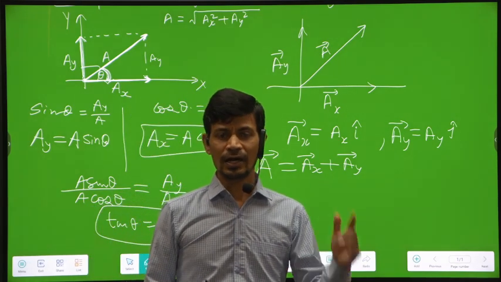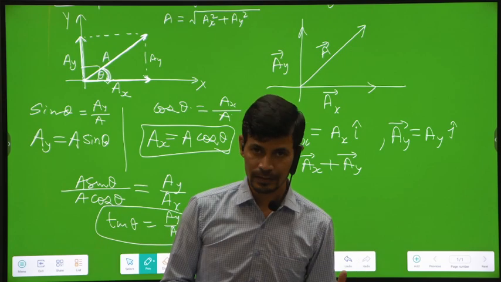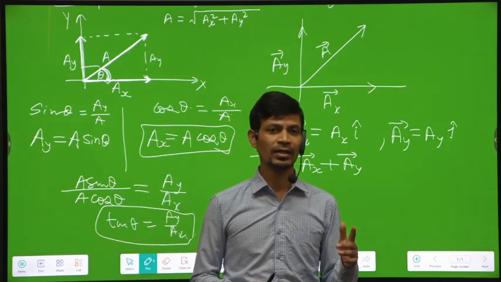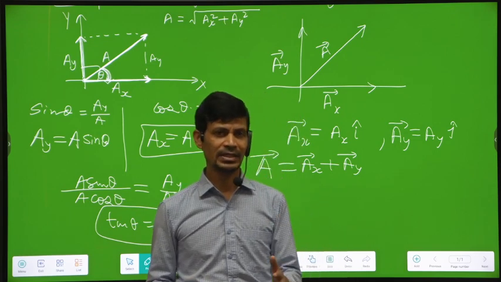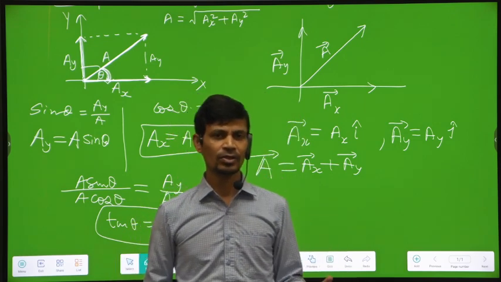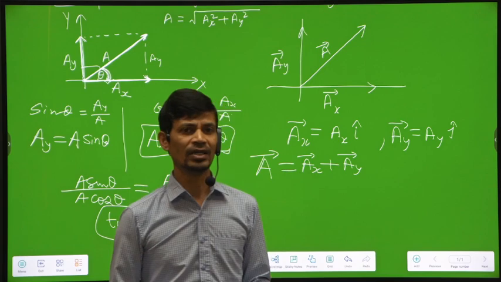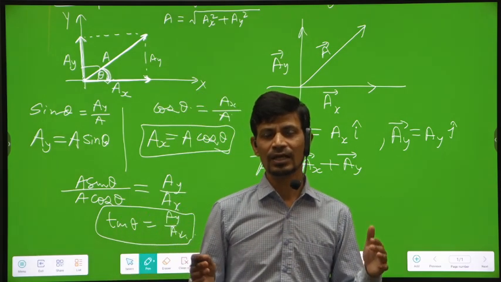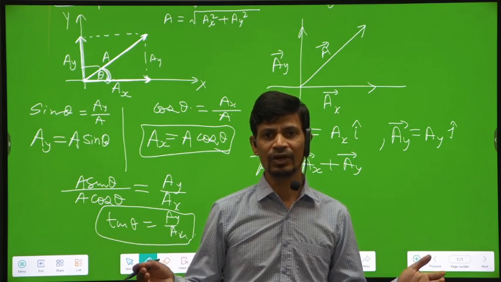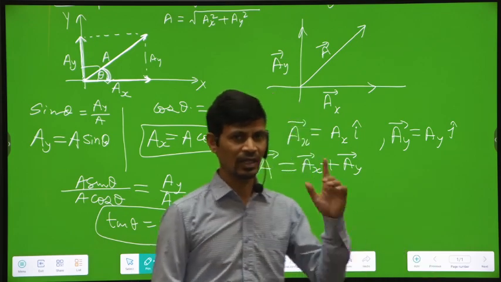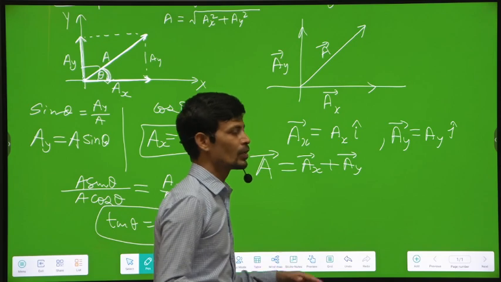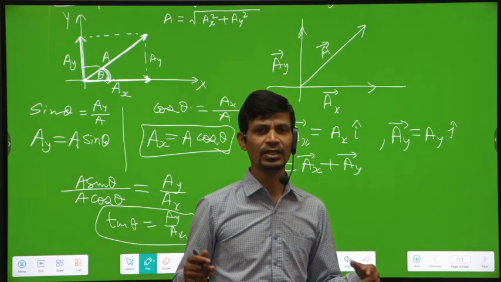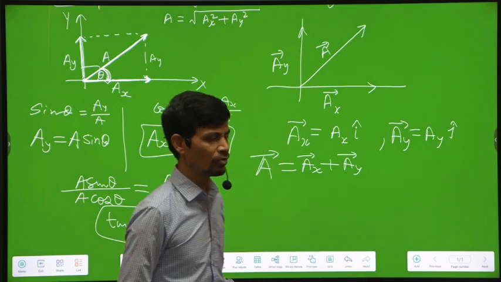Actually, I planned to tell you about unit vector, but side by side I have covered this topic also, resolution of a vector, in which we say that if a vector can be split into a number of vectors which give the same effect as the main vector, then we call this process resolution of vector, and those resolved parts are called components of that vector.